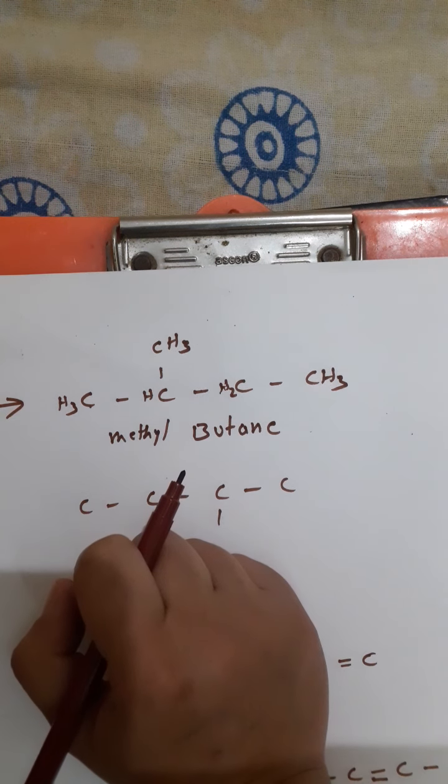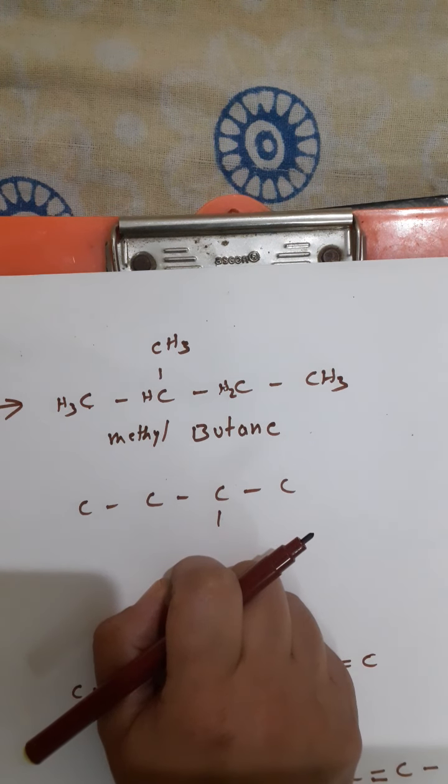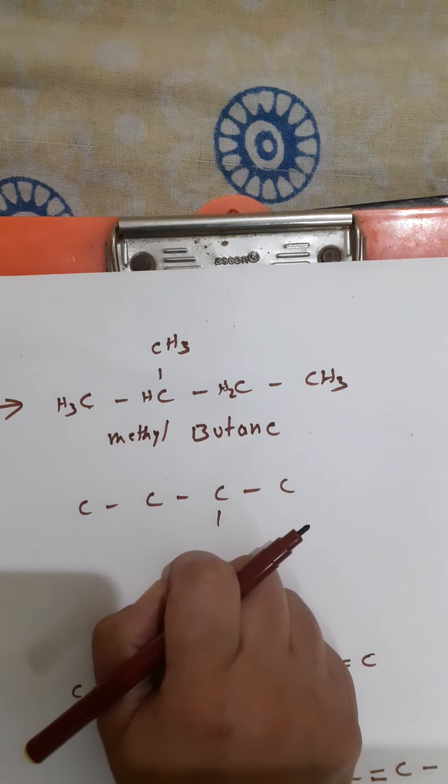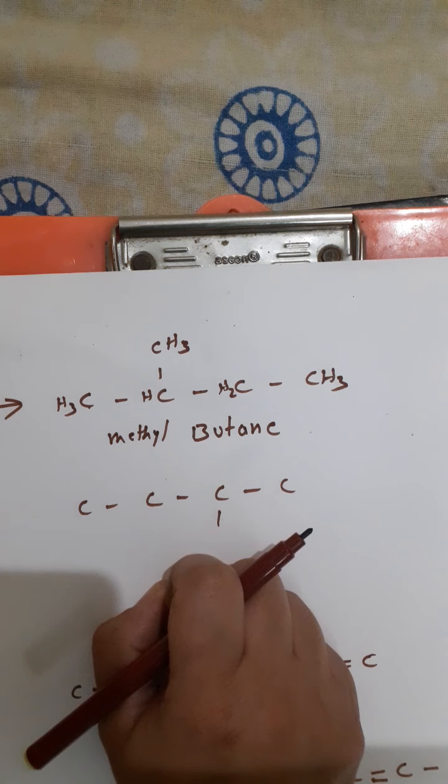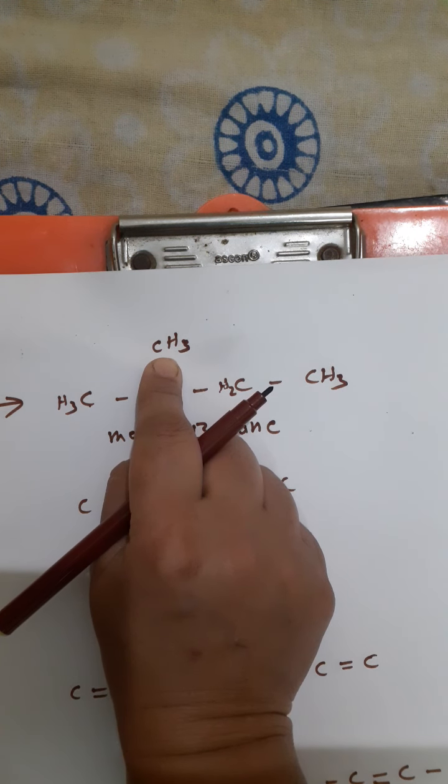So then comes the numbering. Now where should I number it from? So should I number it from left to right or right to left? So for this you have to prefer the least numbering, that is rule 2. And what is that least numbering? That means the substituent which is attached should get the lowest number. So let us see.